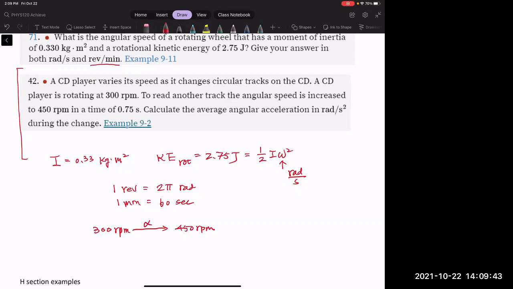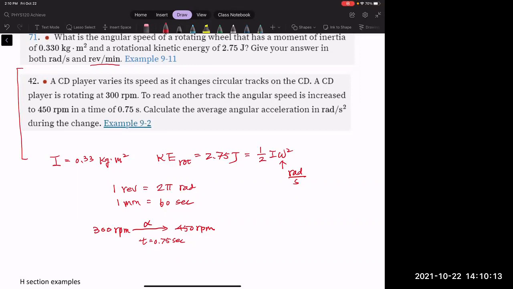And how much time does it take? It takes 0.75 seconds. It is similar to traveling at, let's say, 300 meters per second, then in 0.75 seconds you change the speed to 450 meters per second. That's what this means, but here we have a rotation.